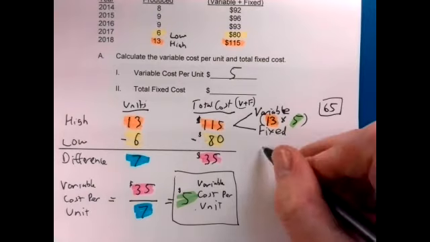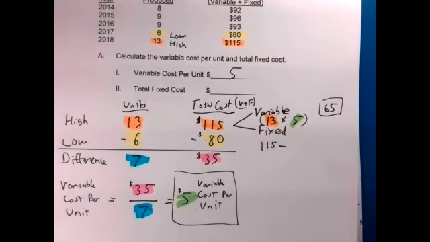Okay, so the fixed cost will be 115 minus 65. 115 is both variable and fixed. 65 is the variable, so what's left over must be the fixed. So it's kind of like you got to do this one first and then do that one.